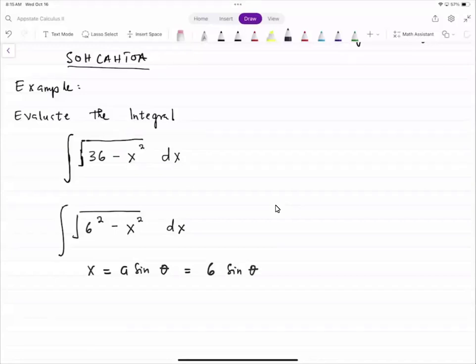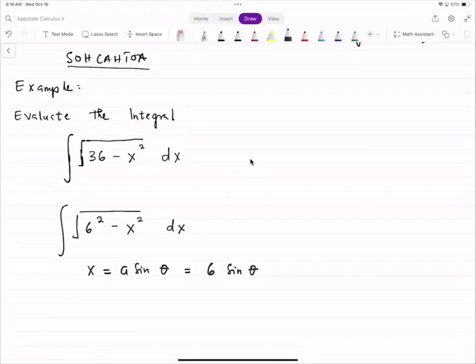Any questions so far? Good, Noah. Any questions so far? Do you all understand why we are using the first one and then how we are trying to change everything from x to theta?